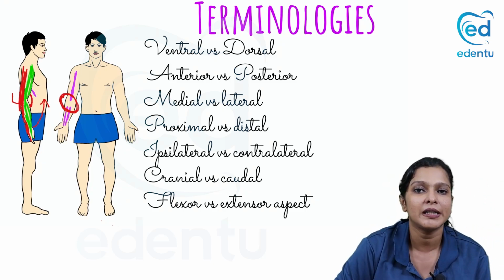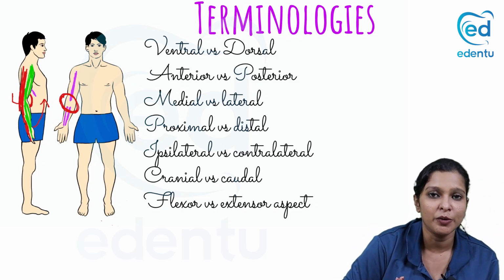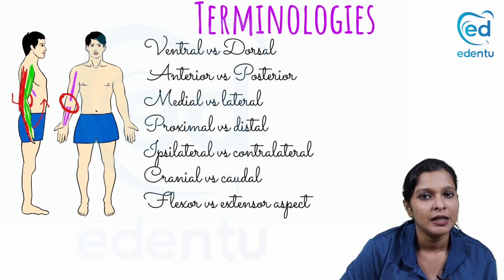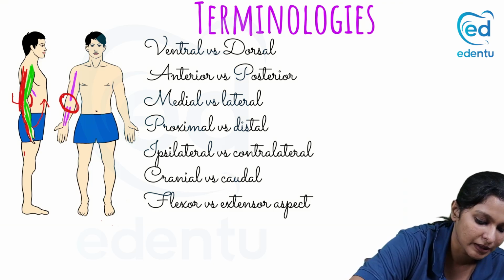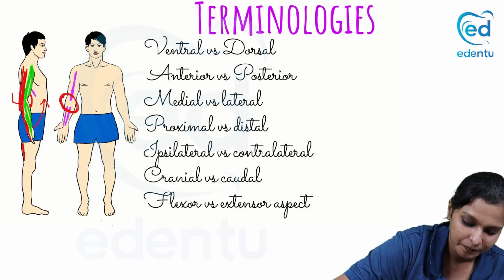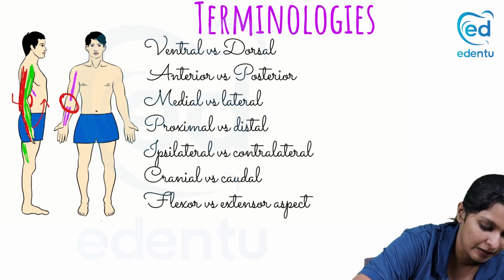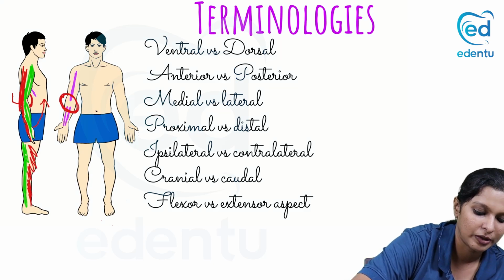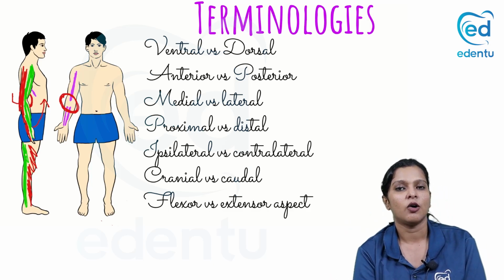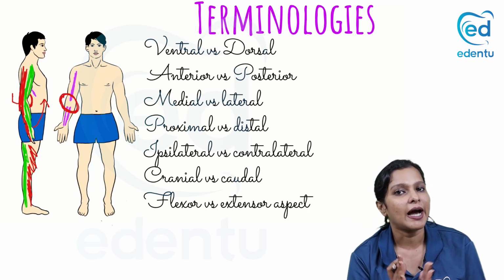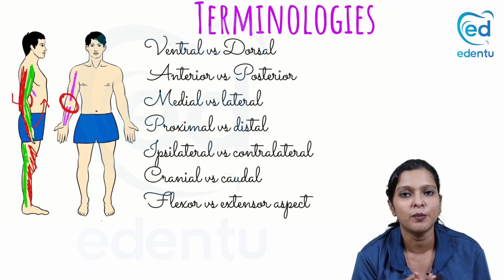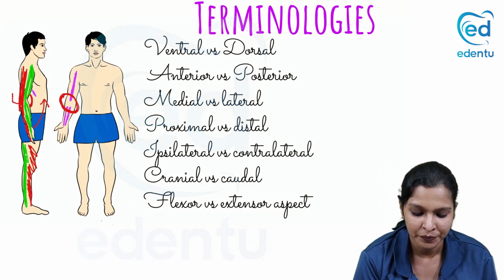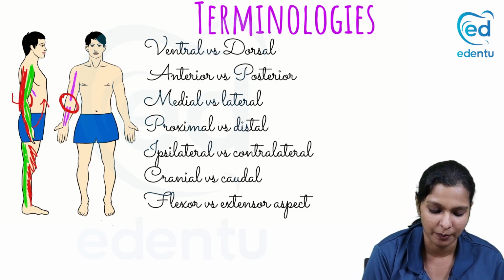For the lower limb, it is the exact opposite. When you bend your knee, you will realize that the angle is decreased. So all the muscles in the back form the flexor muscles and all the muscles in the front form the extensor. It is opposite for upper and lower limb. Just remember at least one: the flexor aspect is the anterior aspect of the upper limb and the posterior aspect of the lower limb. So that is about the next pair of terminologies.